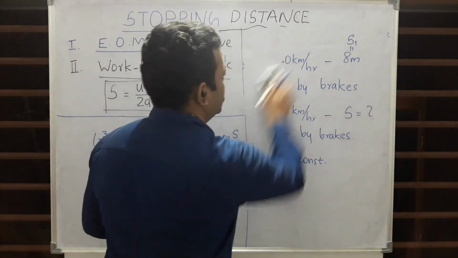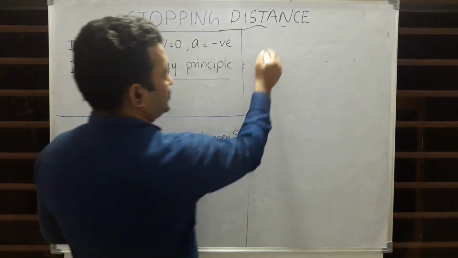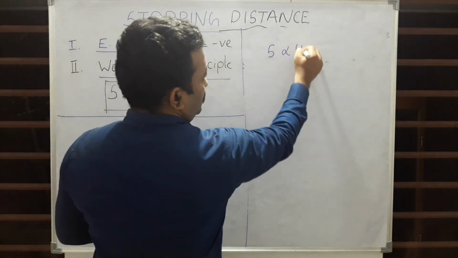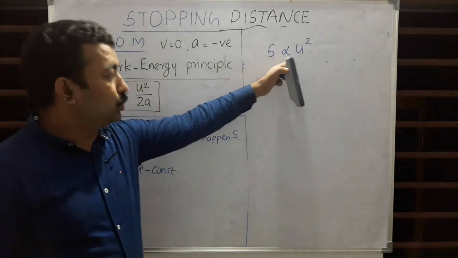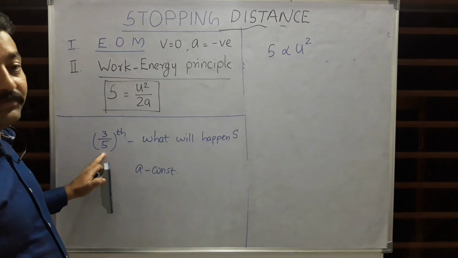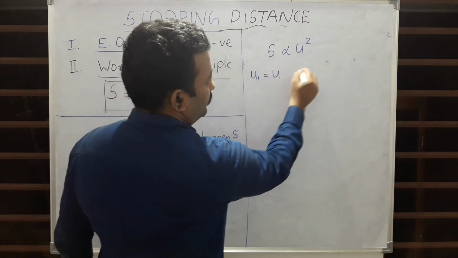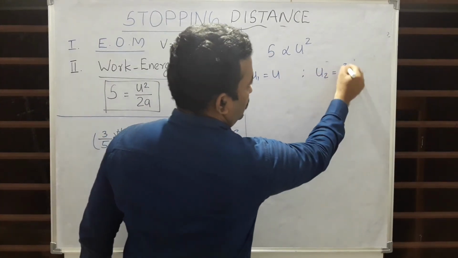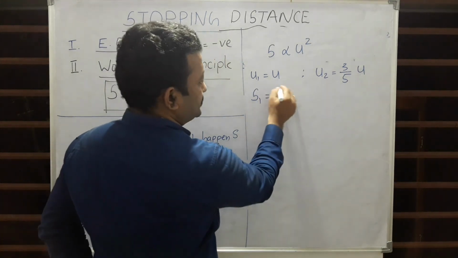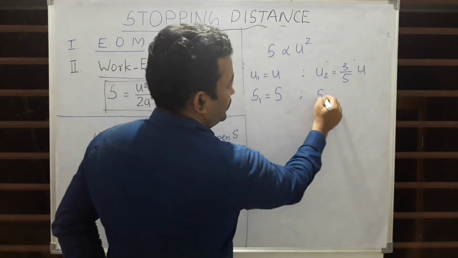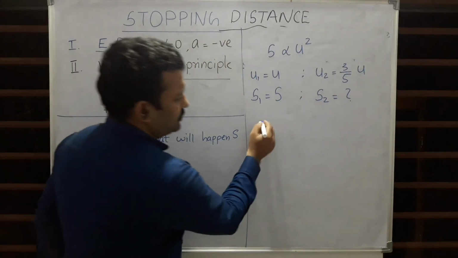We can use the same idea which we applied for the last problem. We know S is proportional to U square. Initially, suppose the value was U. Now the final value is 3 by 5th of U. So U1 is equal to U, and U2 is equal to 3 by 5 of U. S1, let it be S. We have to find S2. You can do it very simply now.